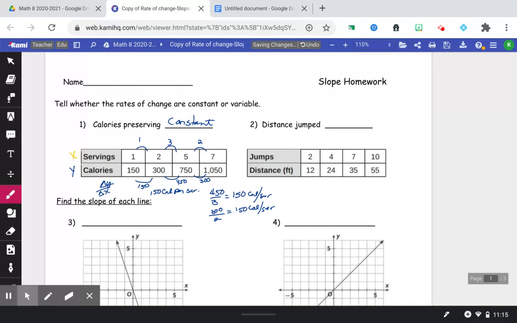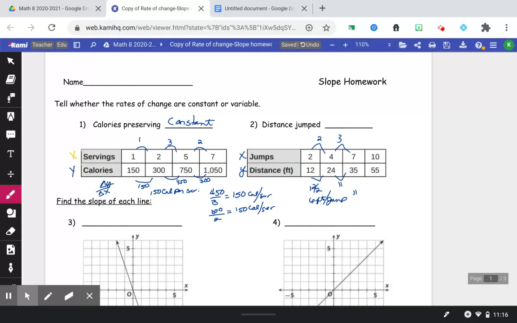If we look at number 2, we could say jumps is the x, y is the distance, how far you would go. Between 2 jumps and 4 jumps, there's an increase of 12 feet over 2 jumps, so this reduces down to 6 feet per jump. When I look at the change between 4 jumps and 7 jumps, there is an increase of 11 feet over 3 jumps.